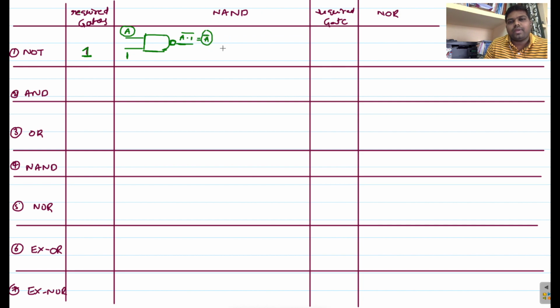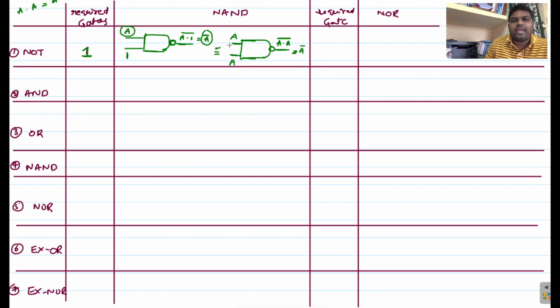Otherwise you can consider it in this way also. You can take one NAND gate and tie up these two inputs to one particular variable. That means here I am providing A, here also I am providing A. So here I am taking inversion, that means A into A whole bar. Already you know A into A, according to the AND operation theorem, is A only. So here you will get A bar.